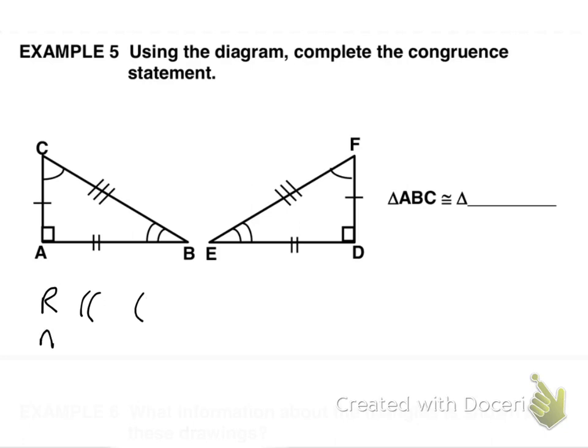This is angle A, this is angle B, and this is angle C. So how is that going to match up in the triangle on the right? Well, the right angle is angle D, the 2 curve angle is E, and the 1 curve angle is F. So triangle ABC is congruent to triangle DEF.